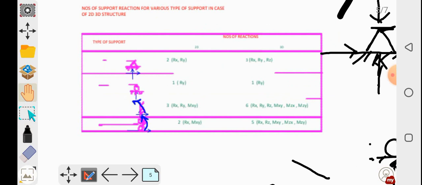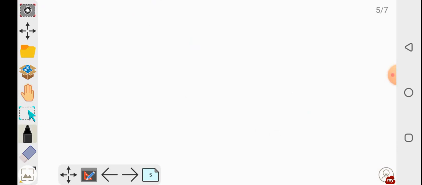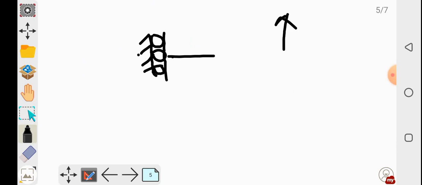Now the next type of support is the guided roller support. Roller support looks like this. In case of this support, it allows the vertical displacement of this support, but it will not allow the horizontal movement, and it will not allow bending also.